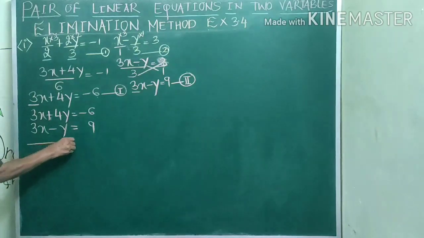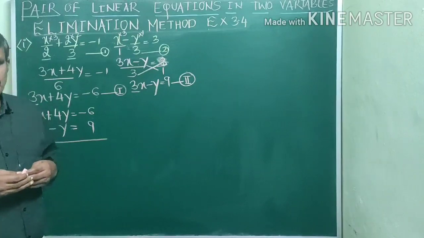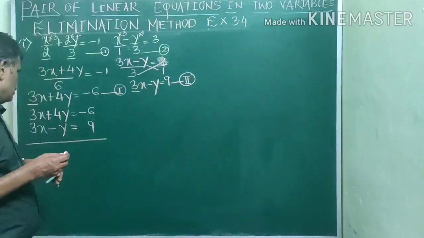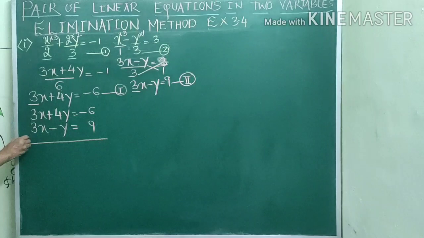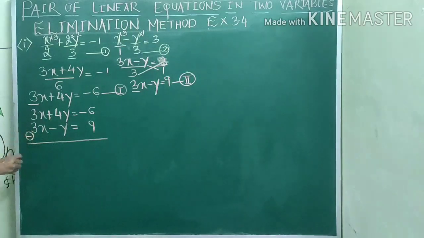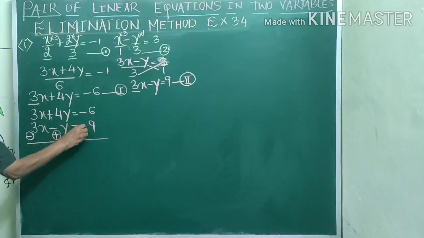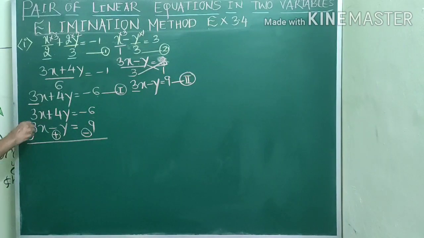Now children, in order to eliminate I should have the same values with positive and negative signs. Here both signs are positive, and in order to eliminate I will have to change the sign. Here plus sign is there, so I will make minus sign. Here minus sign is there, so I will make plus sign. Plus sign is there, so I will change it to minus sign. So if I do that, these two will get cancelled.